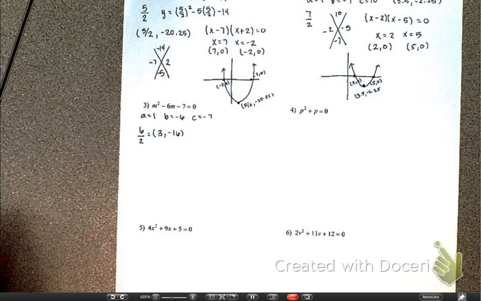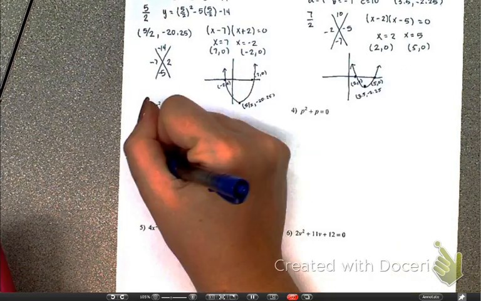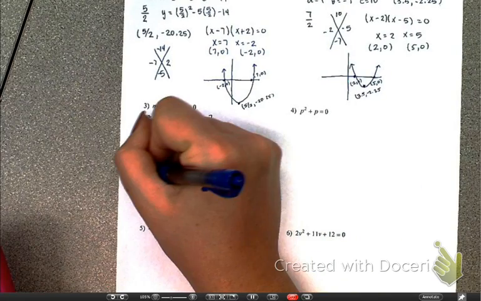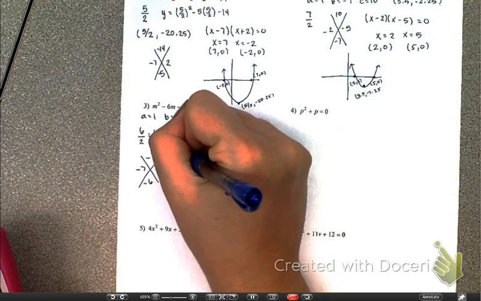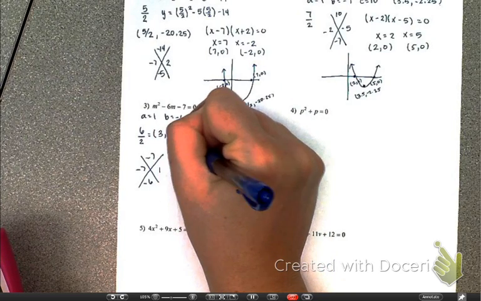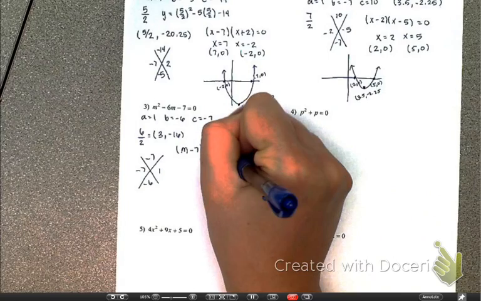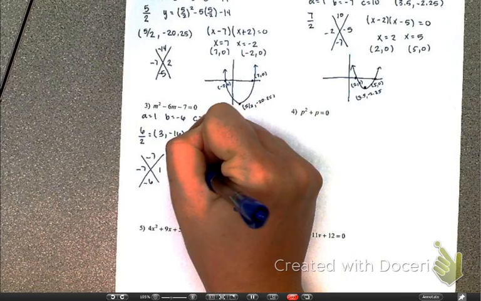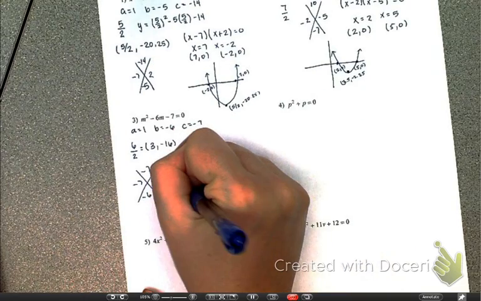Did you figure it out? Okay. Again, when we factor, it is negative 7 and negative 6. So what is that? Negative 7 and positive 1. X minus 7, x plus 1. So my x-intercepts are at 7 and negative 1.